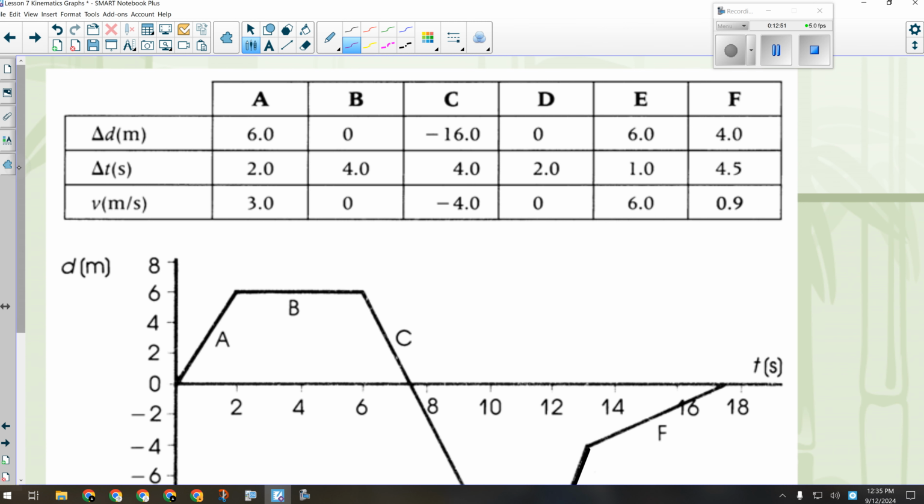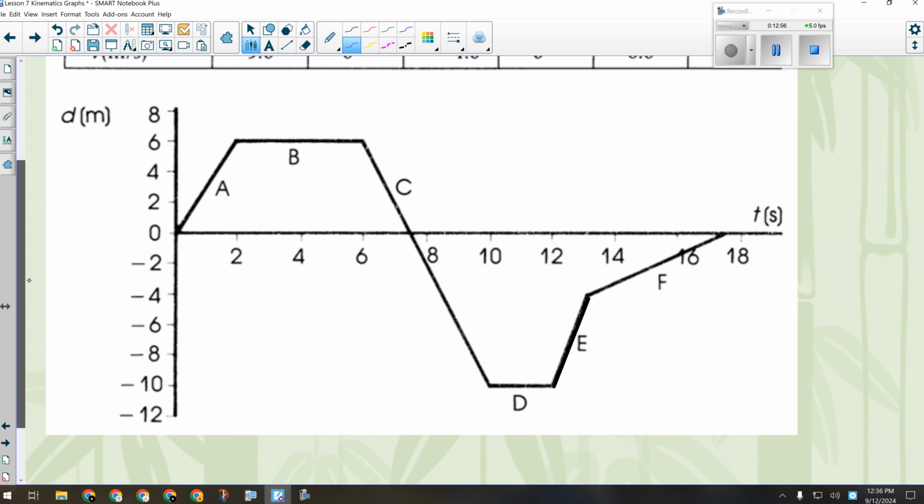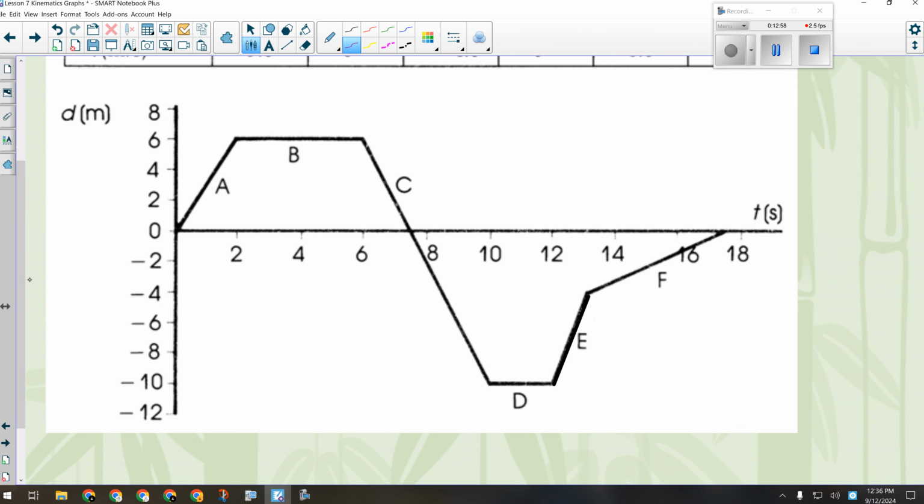On this graph, I would like you guys to calculate a couple of things for me.